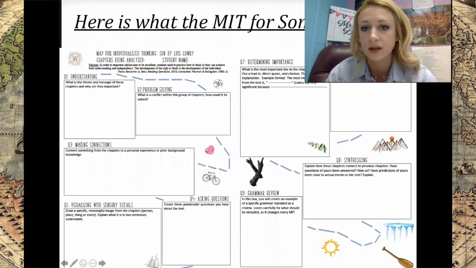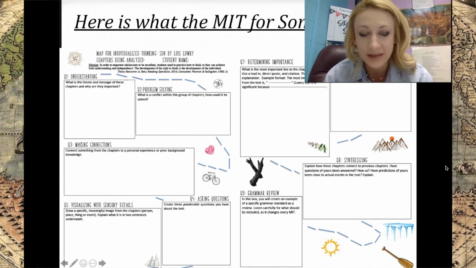So what does the MIT look like? This is the MIT. I designed it as a map. So you'll notice that this particular MIT I designed for Sun. So as we read, the different symbols throughout the map will reveal themselves as to what they actually mean, which is kind of cool. So again, Q1, understanding, theme and message. You'll type up that here, problem solving, making connections, asking questions.